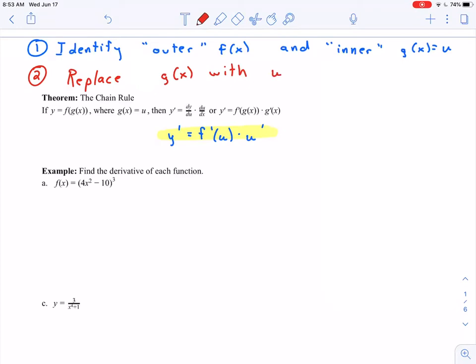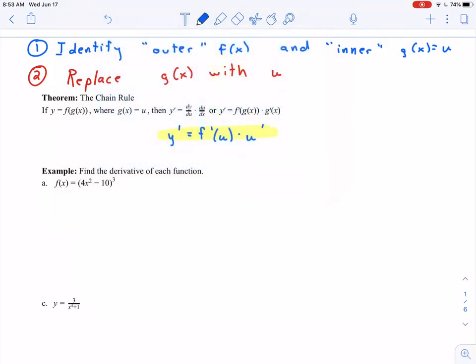You're going to rewrite your function in terms of u. So after step 2, I shouldn't have any variables of x. I should only have u. And the function overall should look a little bit simpler. It should look a little bit easier to handle.